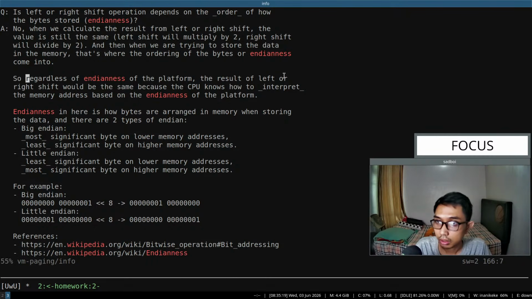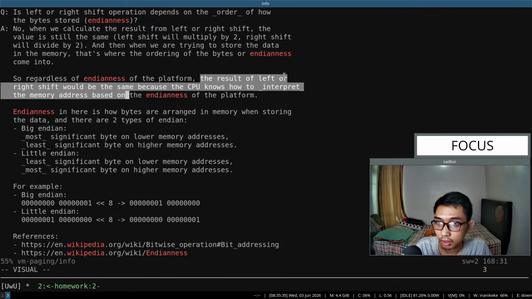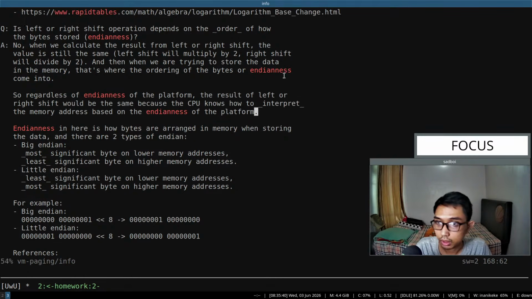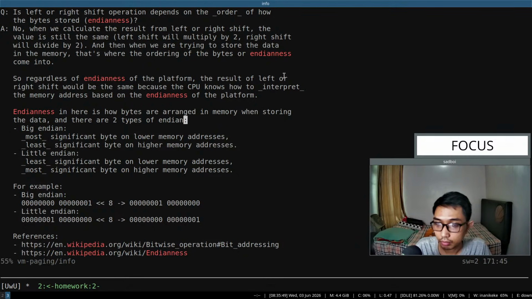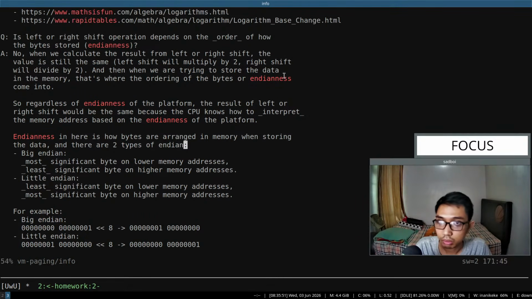So regardless of the endianness of the platform, the result of a left or right shift would be the same because the CPU knows how to interpret the memory address based on the endianness of the platform. Endian in here is how bytes are arranged in memory when storing the data. Okay, maybe something like that.